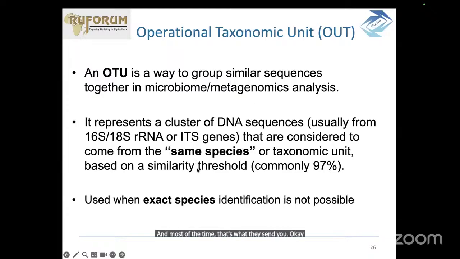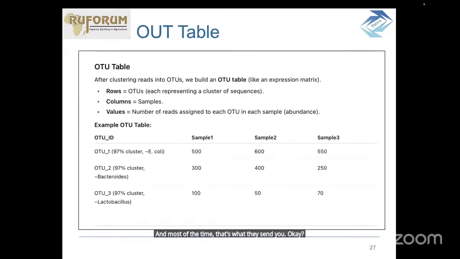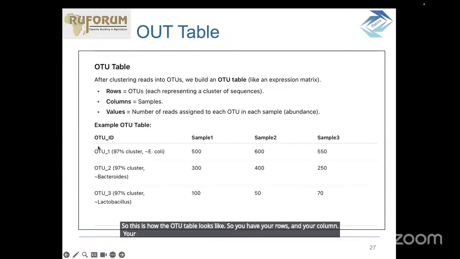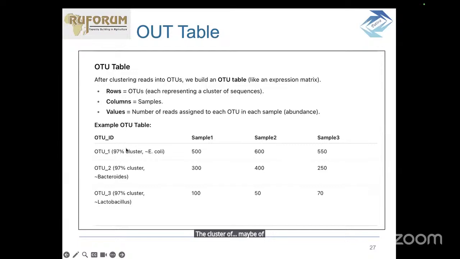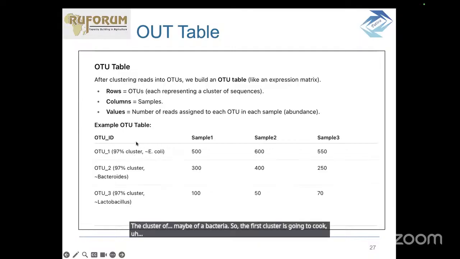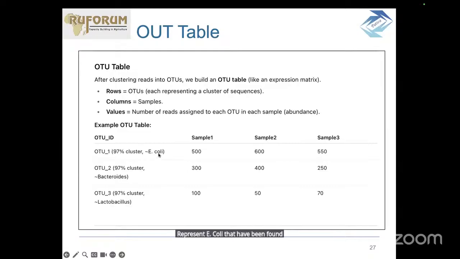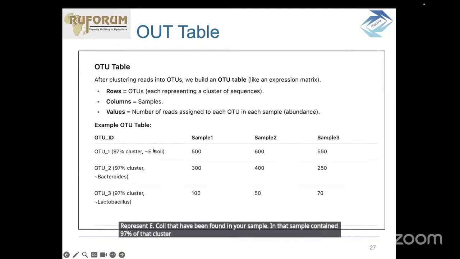Okay? So this is how the OTU table looks. You have your rows and your columns. Your rows represent the cluster of maybe a bacteria. So the first cluster is going to represent E. coli that have been found in your sample, and 97% of that cluster is E. coli.